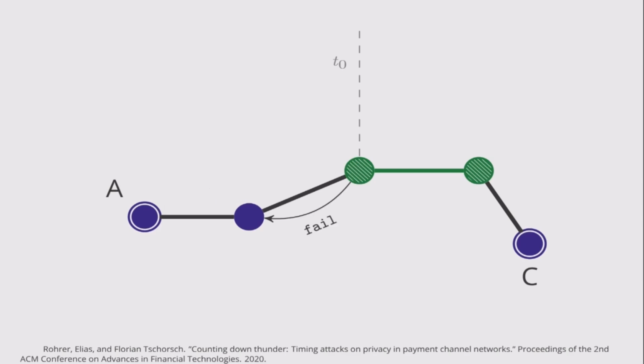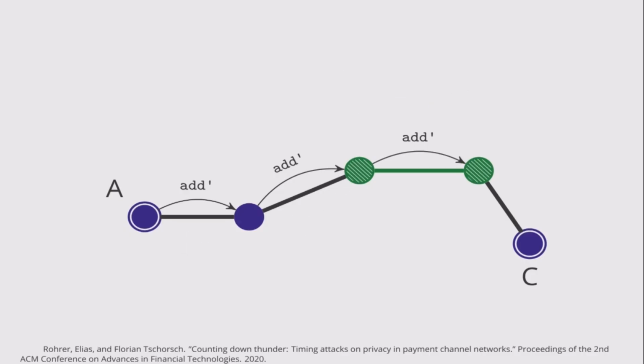They could fail this HTLC and lean on Alice retrying over the same path again, and thereby get a second timing measurement for the same payment and calculate this delta, which gives them their time distance to the sender.